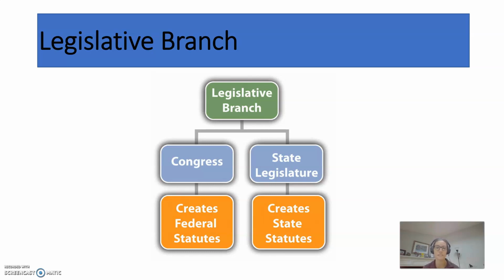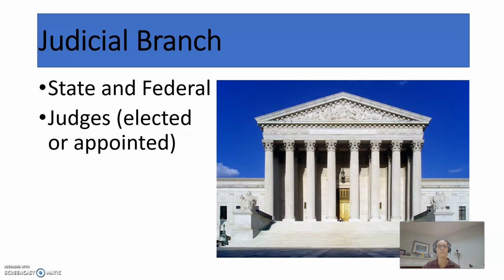Perhaps you've been to the State House in Boston. That is our state legislature. And then both legislatures, whether federal or state, pass laws that we call statutes. Notice the word doesn't say statue, like the Statue of Liberty. It says statutes. So again, in the next couple of units, we'll talk a little bit more about how that process works. But the legislative branch is the branch that actually drafts the laws.